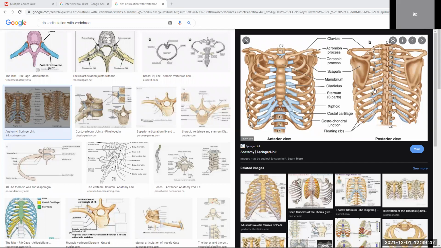Another way of remembering it: all the ribs are attached uniquely to one of the vertebra, and once you remember 12 ribs after the 7 cervical, you can identify that you have 12 ribs because you have 12 vertebra. Yep, we good? Let's go.